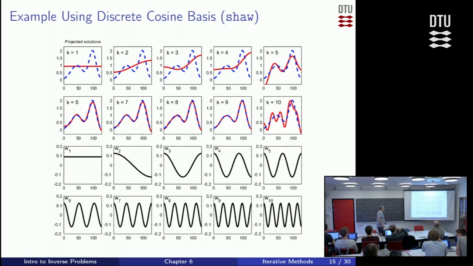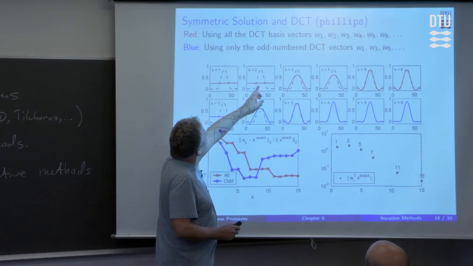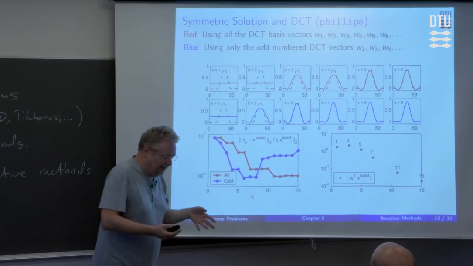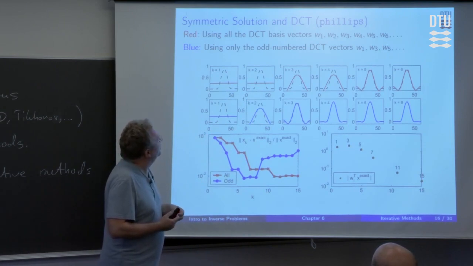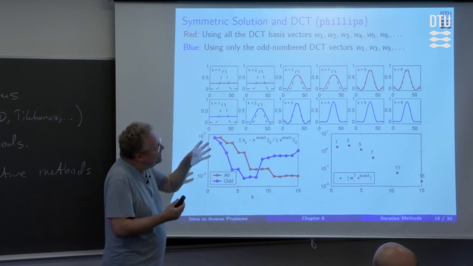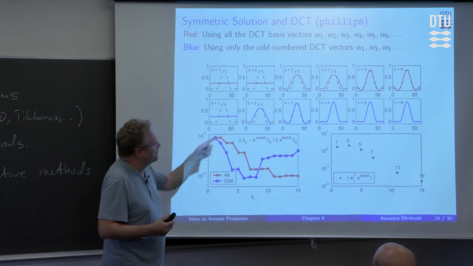We just don't need them. And of course that's what happens here when k is equal to 2. Nothing happens because, in principle we are providing the second cosine function, W2, but we're not making use of it because it has the wrong symmetry.